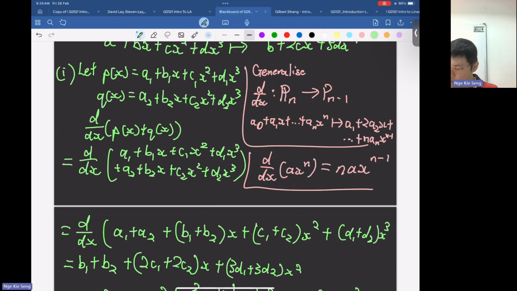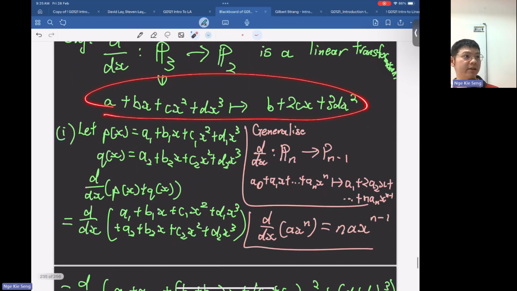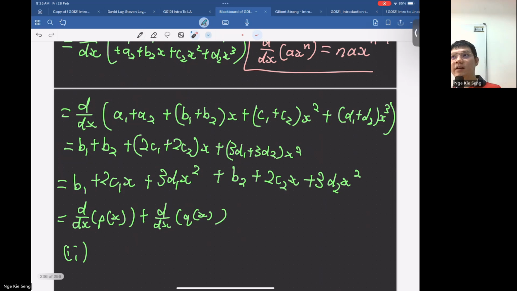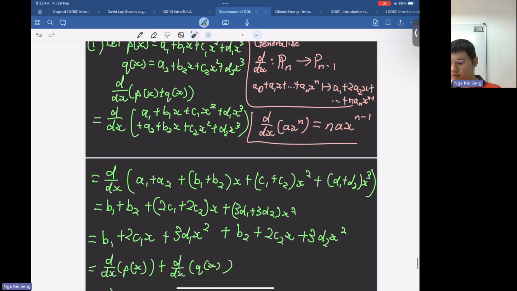Only when you write it in this polynomial form can you apply the definition. So all your scalars become a sum of scalars. You can see that the degree 0 term disappears. The a term here disappears. Any questions so far?